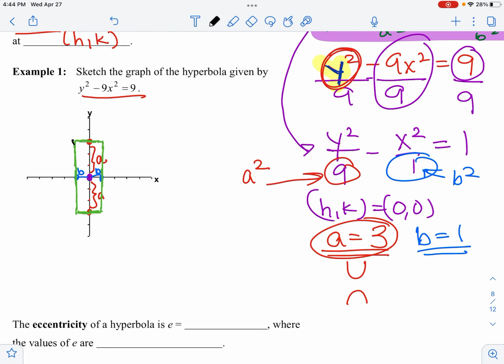See those corners? This corner to this corner is going to be our first asymptote, and it goes through that center there. See how it went from corner to corner through the center? That's my first asymptote. And my second asymptote is also going to go from corner to corner and go through that center as well. Those are my 2 asymptotes. Remember again, corner to corner, go through the center, 2 asymptotes.